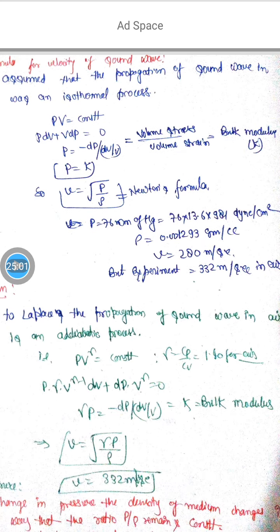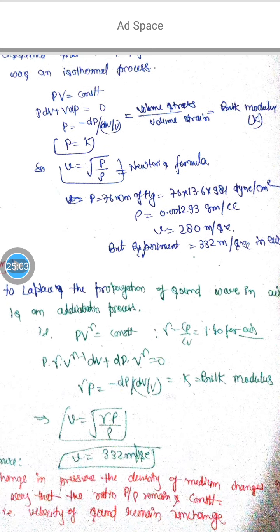So he put the equation V is equal to square root of gamma P upon rho, and it experimentally matched. His result matched the experimental 332 meters per second.